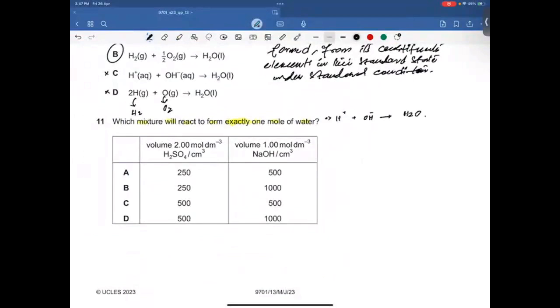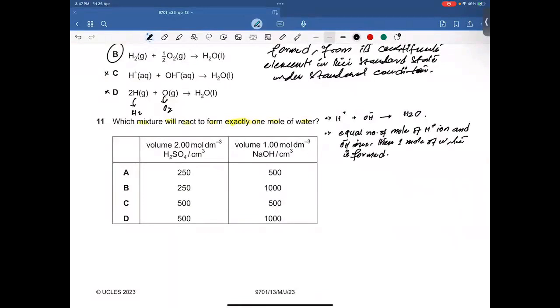So when you have equal moles of hydrogen ions and hydroxide ions, then 1 mole of water is formed.